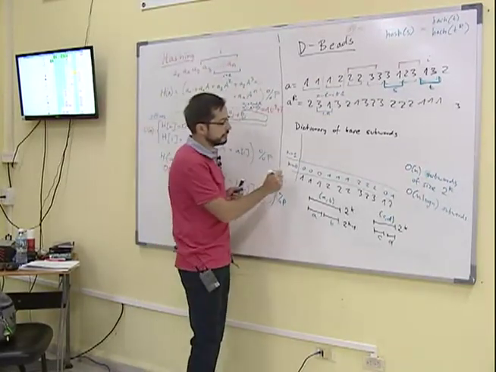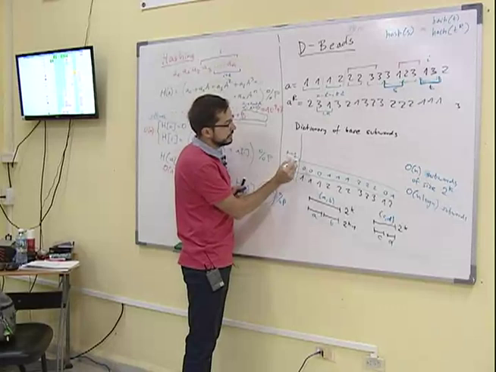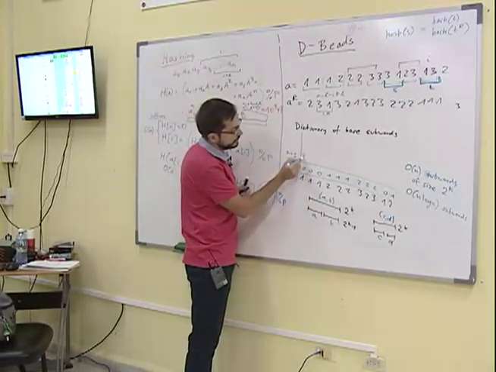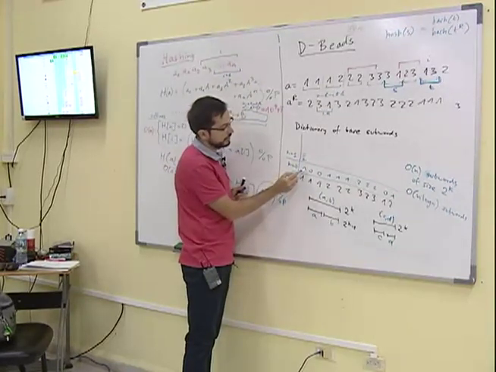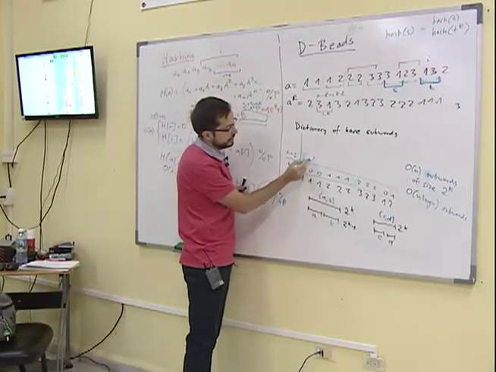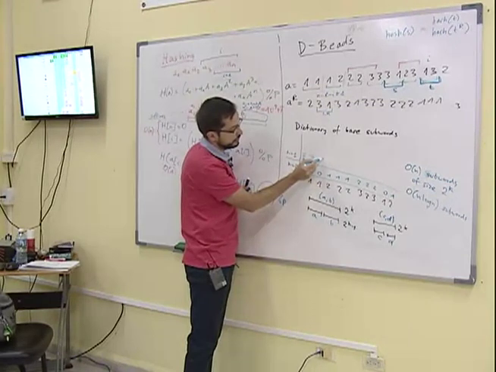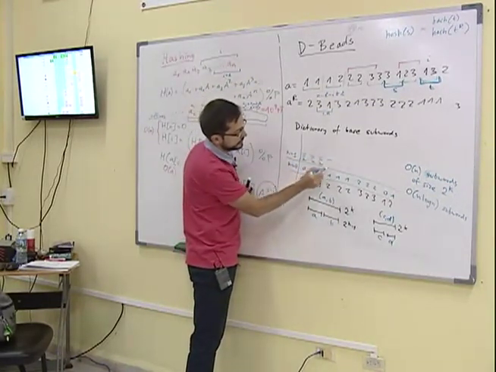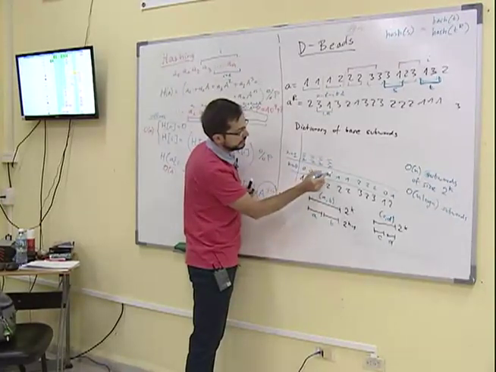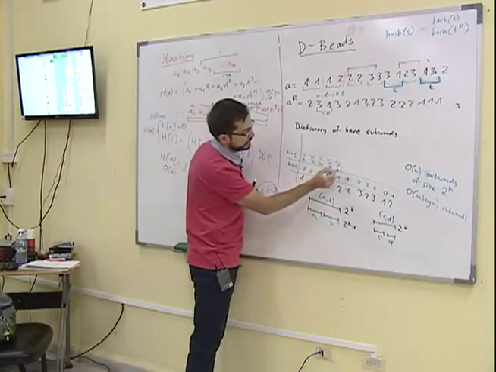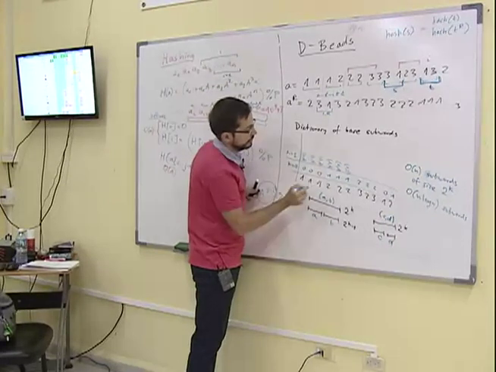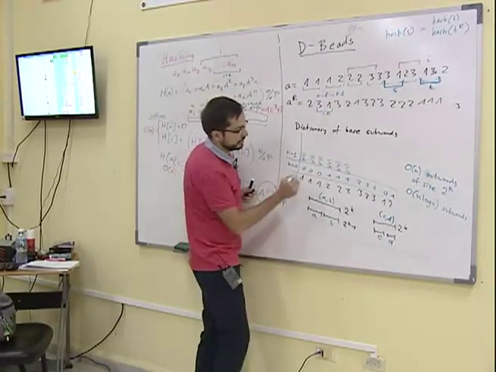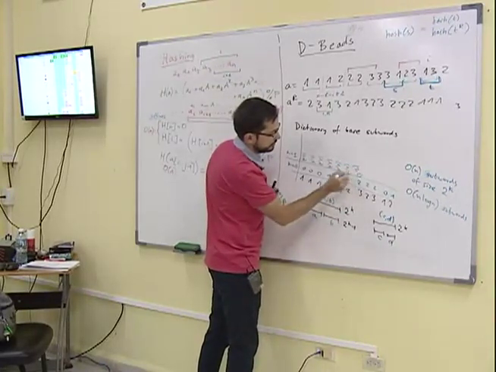So for k equals 1 here, we will have identifiers: here we will have 0, 0, because we take 0 and 0. For this one also 0, 0. For this one 0, 1. For this one we will have 1, 1. For this one also 1, 1, then 1, 2, and so on, and 2, 2.